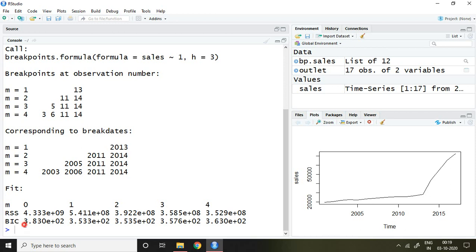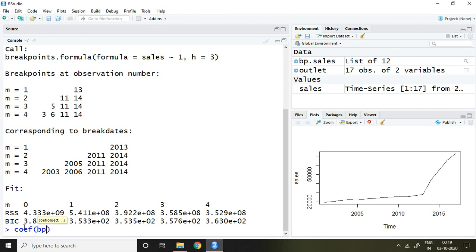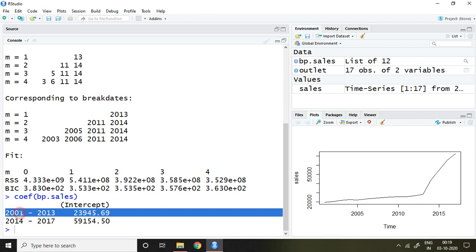For making that valid, I simply write here confint and then bp.sales and then enter. When I write confint and then bp.sales, it says that we are supposed to consider 2001 to 2013, and that would be one structural breakpoint.